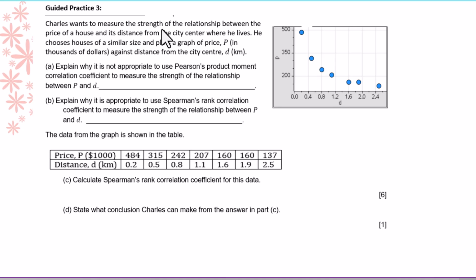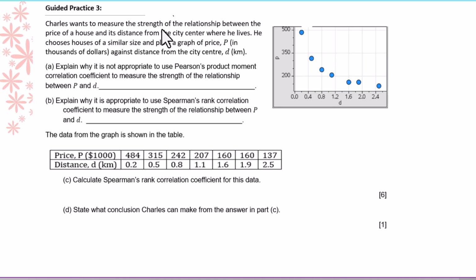Guided practice 3. Charles wants to measure the strength of the relationship between the price of a house and its distance from the city center where he lives. He chooses houses of a similar size and plots a graph of price in thousands of dollars against the distance from the city center, d kilometers.